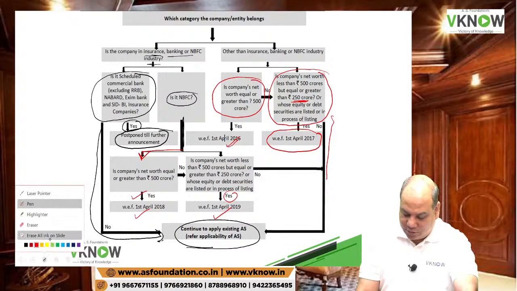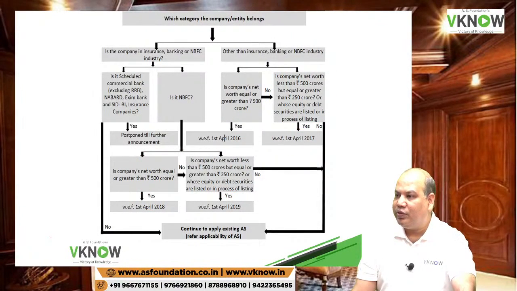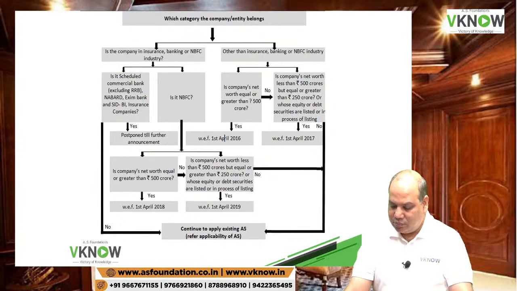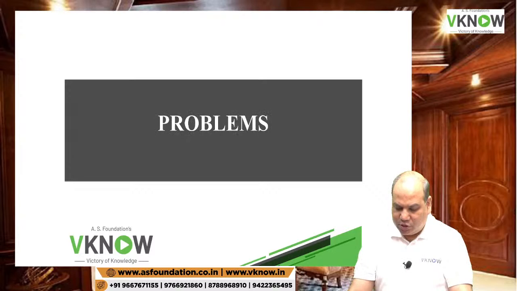So you will say unlisted companies having net worth less than 250 crore, banking companies, insurance companies, and non-corporates, they are not required to comply with Ind AS. So partnership firms are not required unless an Ind AS company is a partner in that partnership firm.